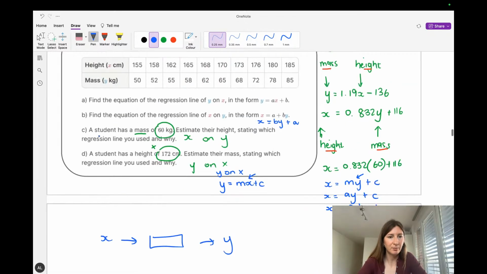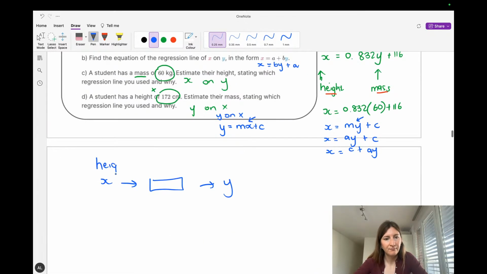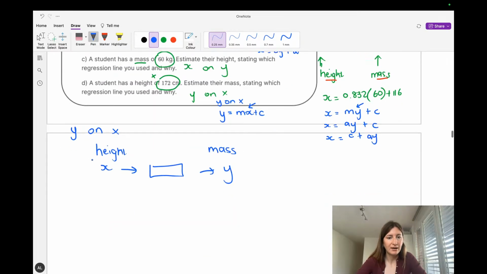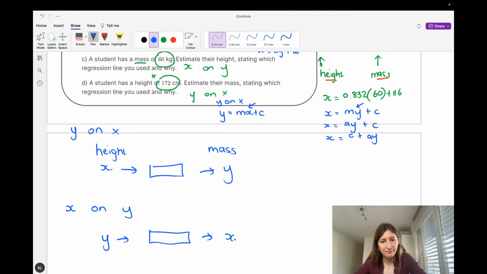In this one, we were putting in height, and we got out mass. That was for our y on x. That's the standard one that follows when we get a question. The top one is usually the x. Then for x on y, we were putting in y, and out was coming x. So it's the other way around. And so now we put in mass, and we got out height.